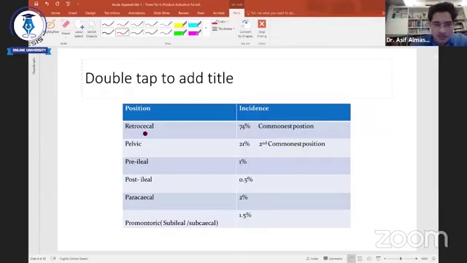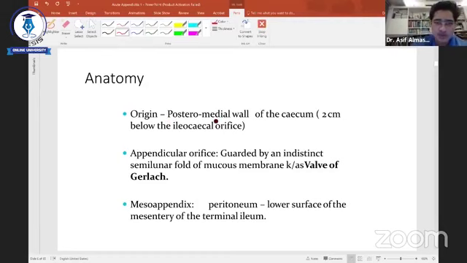The range can be from 2 centimeters to 20 centimeters, and the diameter is around 10 millimeters. Most important in anatomy, it is found in the posterior medial wall of the cecum. This is the commonest position when you do the appendicectomy operation. We usually follow the tinea, and we find it somewhere near the posterior medial wall of the cecum.